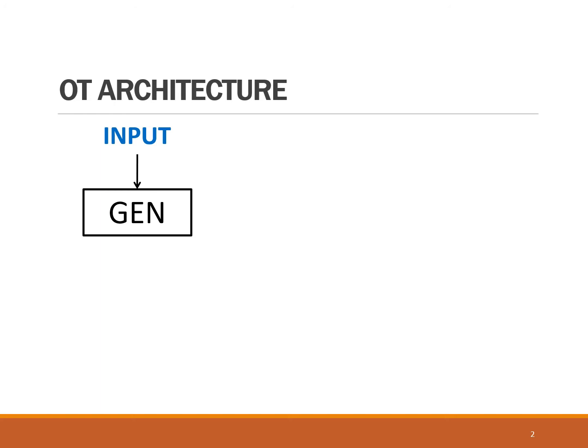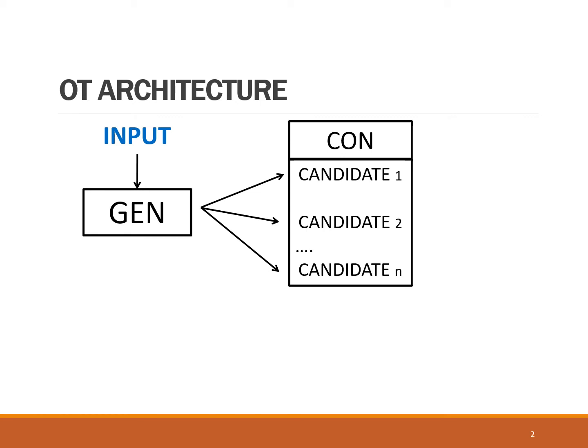In this Zen component, the input is multiplied by giving rise to different candidate sets like this. So the Zen component generates the candidate sets, as you can see, candidate 1, candidate 2 and so on and so forth up to candidate n.